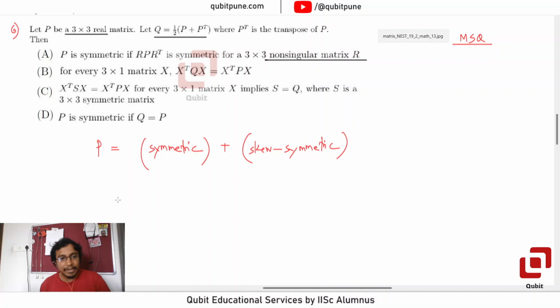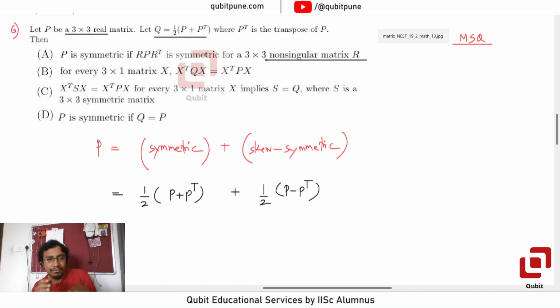And that symmetric matrix is actually half P plus P transposed, and that skew symmetric matrix is half P minus P transposed. Hope everyone remembers this. Now we may have just applied this, as in found out the symmetric and the skew symmetric matrix, but in this case we have to use it.